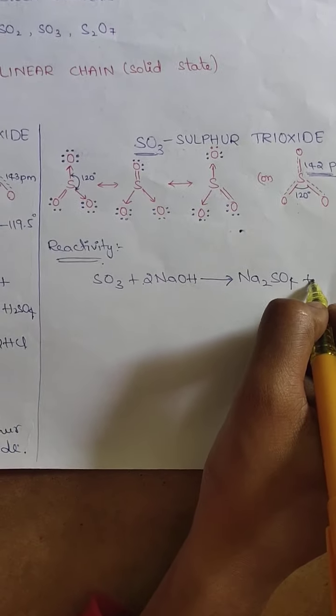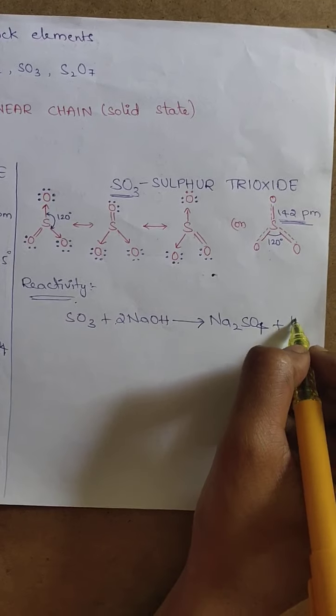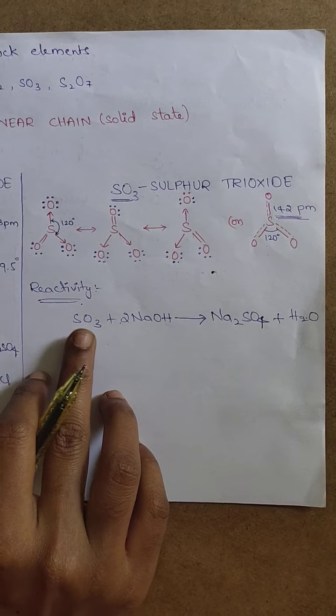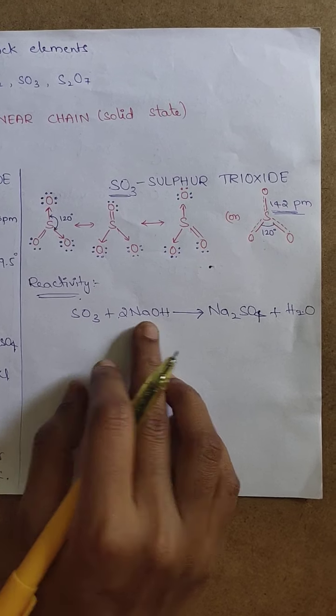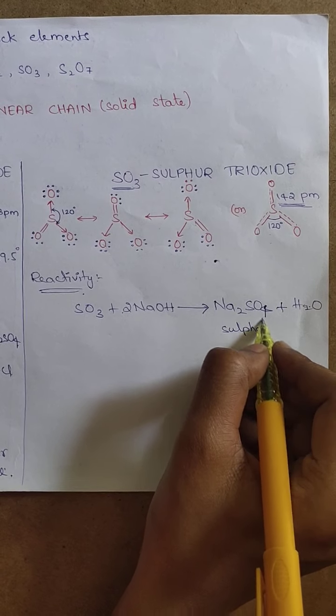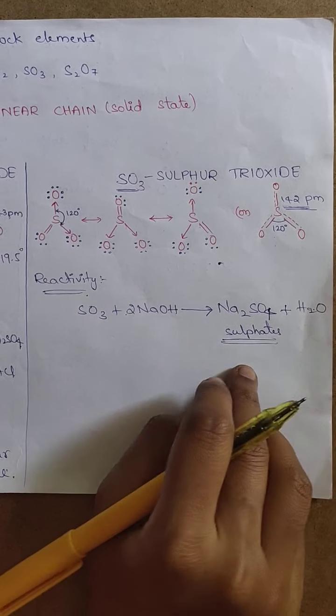The remaining one is water. So sulfur trioxide acting as an acid, when reacting with a base, gives sulfates.